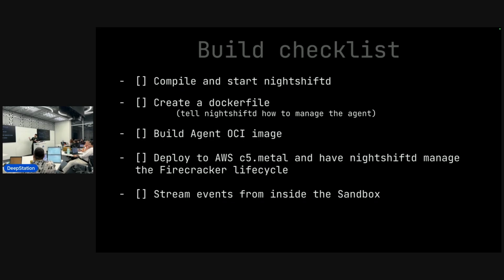We're going to build the agent OCI spec. We're going to deploy into an AWS C5 Metal instance, which is a bare metal instance inside of AWS. You can just replace AWS C5 Metal with any KVM-based machine. And then we're going to stream events from the other side, right? We're going to stream events from the sandbox.